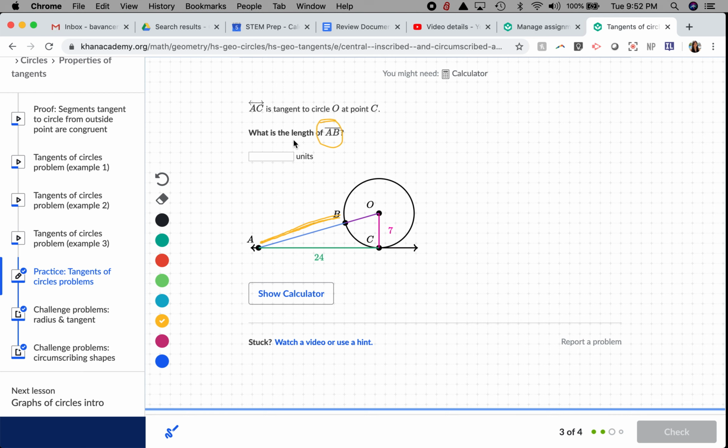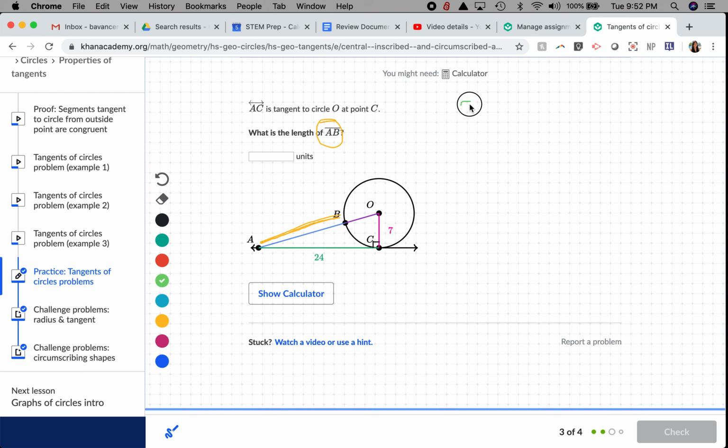Because we are looking for length, and because I know that tangent lines and the radius form a 90-degree angle, what I'm thinking is that we can use the Pythagorean theorem to find the missing side. So let's go ahead and set that up.